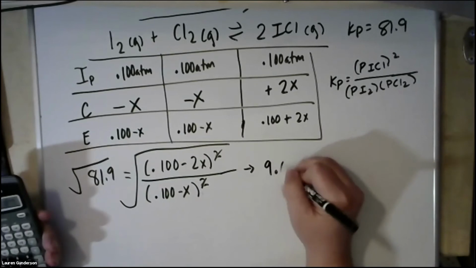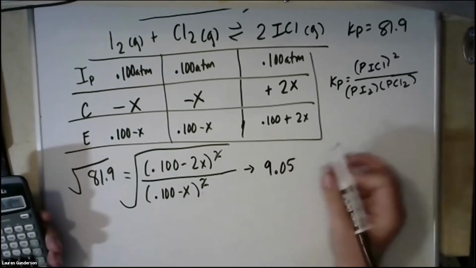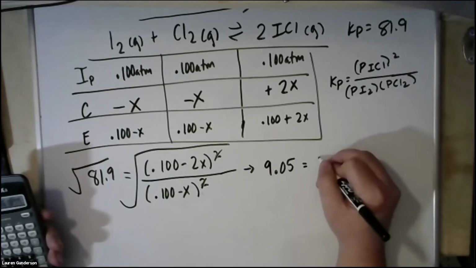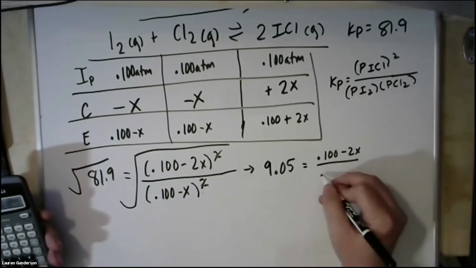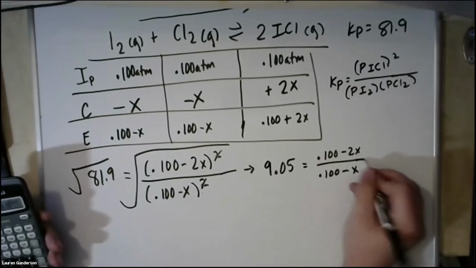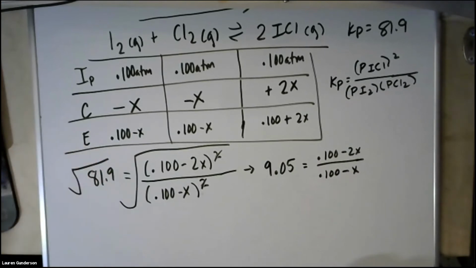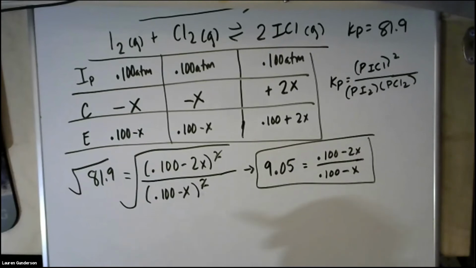That'll be 9.05. That's going to equal 0.100 plus 2x over 0.100 minus x. Okay, so now this looks more like algebra. So we have to solve this algebraically.